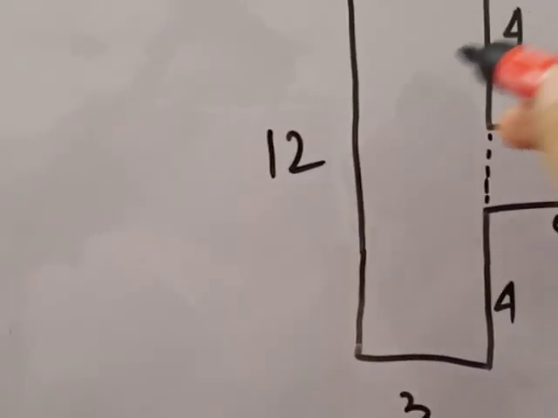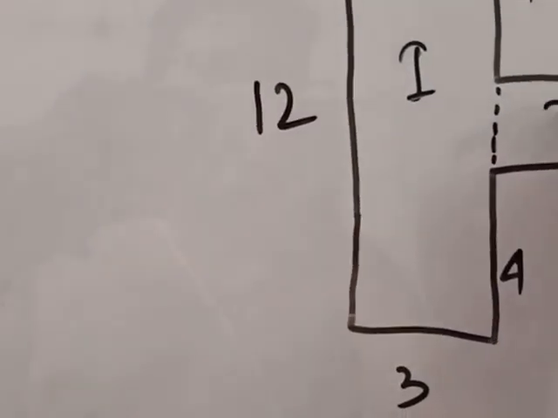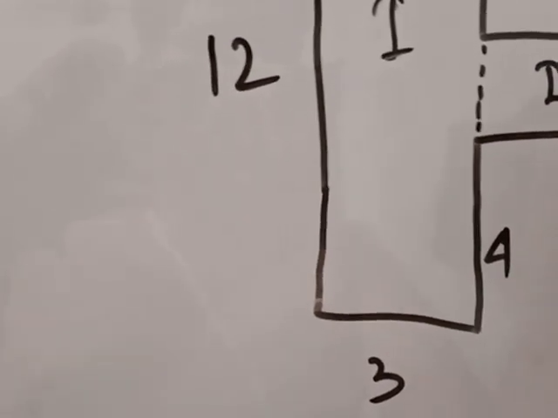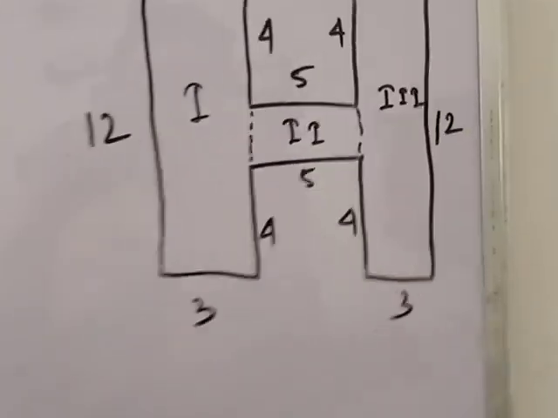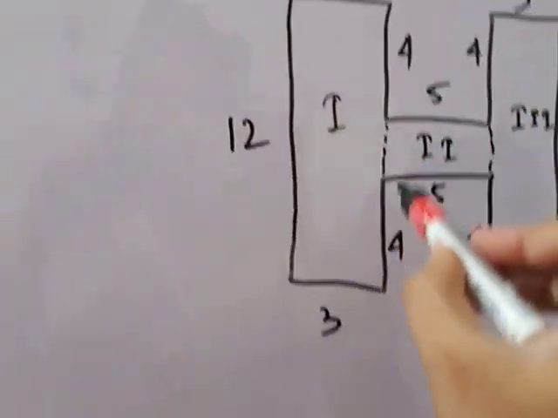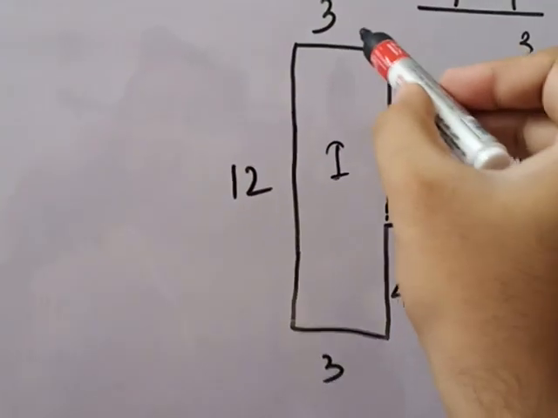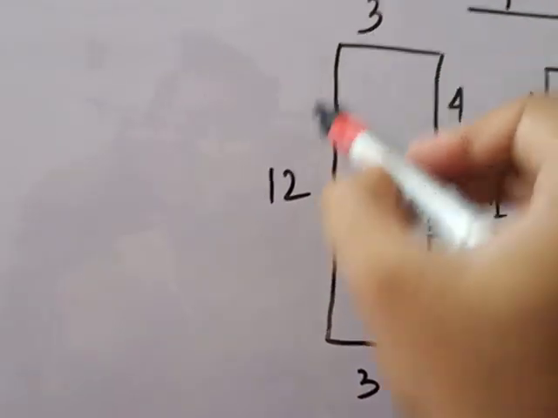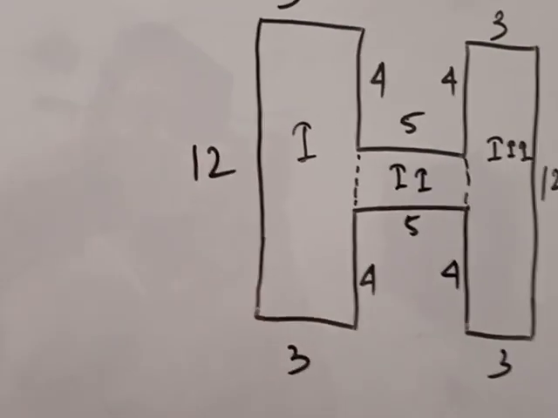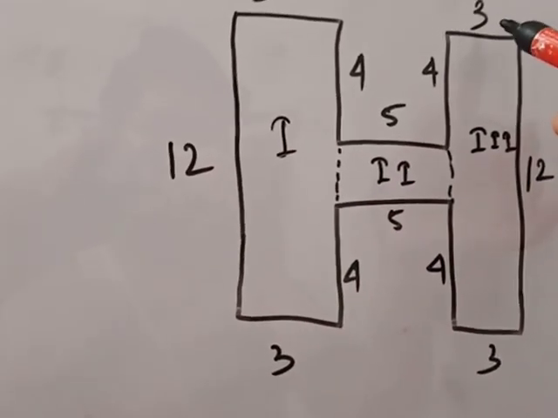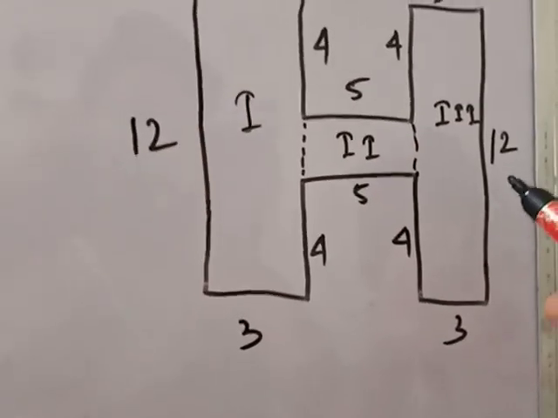Now this is figure 1, this is figure 2 and this is figure 3. In figure 1, this is a rectangle, the length is 12 and the breadth is 3. So we can find the length and breadth. Similarly, the third one is also the same, 3 and 12.